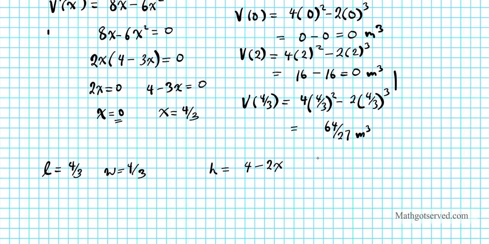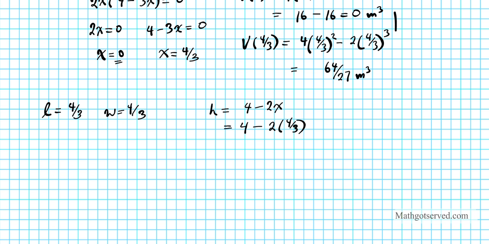Well, x is 4/3, so let's put that in there. So 4 minus 2 times 4/3 will help us figure out the value of h. So we're going to have 4 minus 8 over 3, which equals 12 over 3 minus 8 over 3. And then when you work this out, you end up with 4/3.